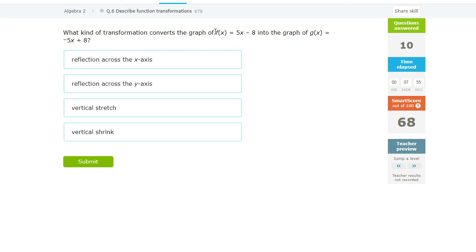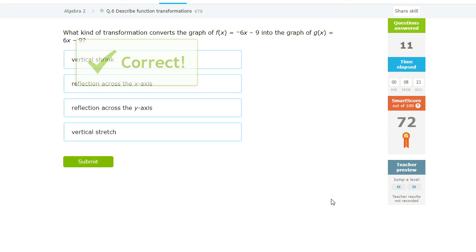That means you have to multiply the entire function by a negative, because if you multiply the entire function by a negative, this one becomes negative, and negative times negative becomes positive. So when you have the negative in the front, that means multiplying the entire function by a negative. Look at your transformations guide. A negative in the front was a reflection across the x-axis.